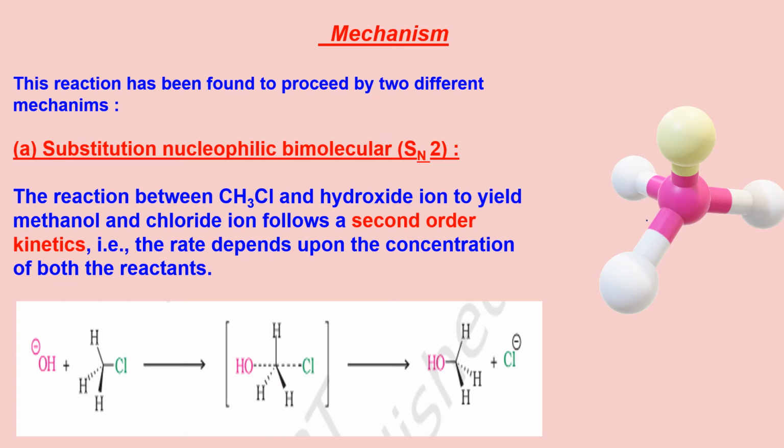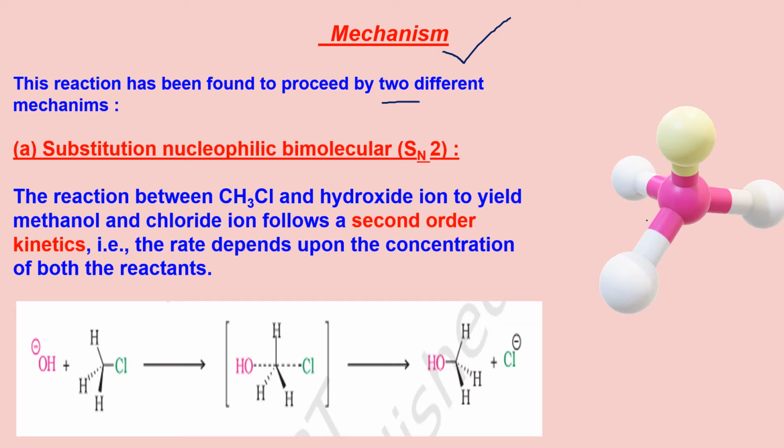And now let's understand the mechanism of the nucleophilic substitution reaction. Mechanism means the detailed explanation which tells us how the different steps are being followed in carrying out a particular reaction. And it has been found that this reaction proceeds via two different mechanisms.